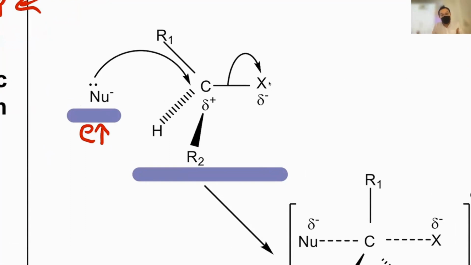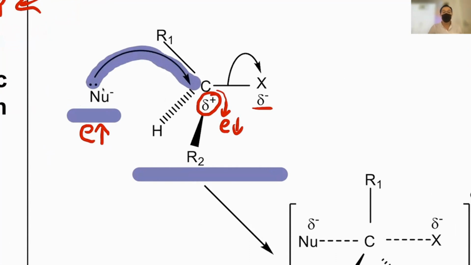Halogen is electronegative, so therefore it's delta negative. Carbon is delta positive. This is the electrophile. Remember, electrons move like diffusion. They move from a region of high concentration to a region of low concentration of electrons. High to low.